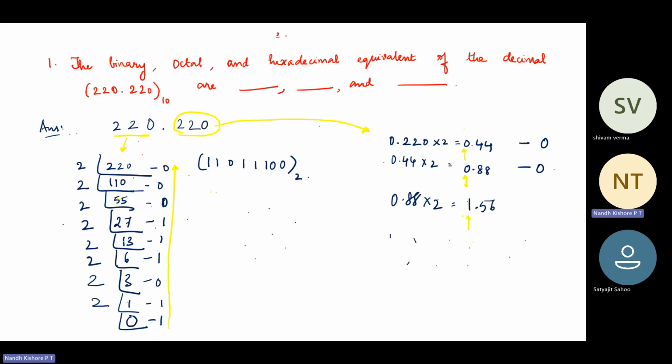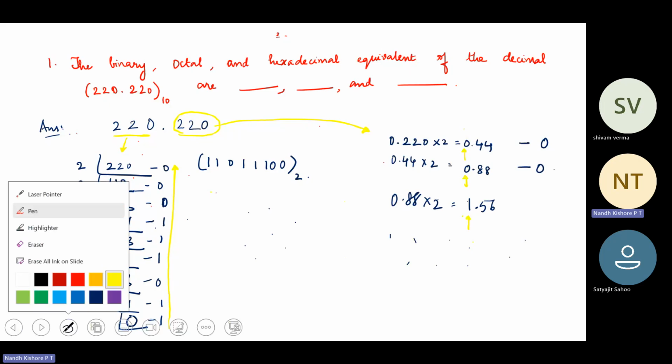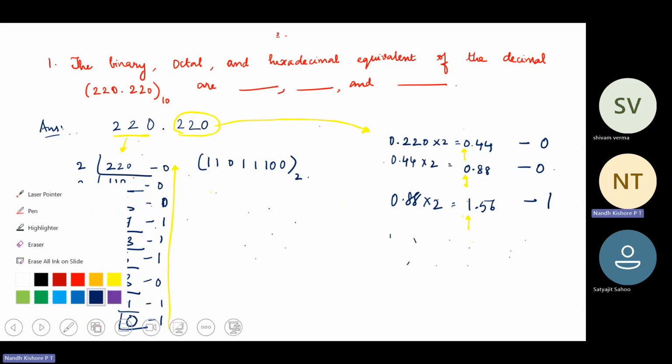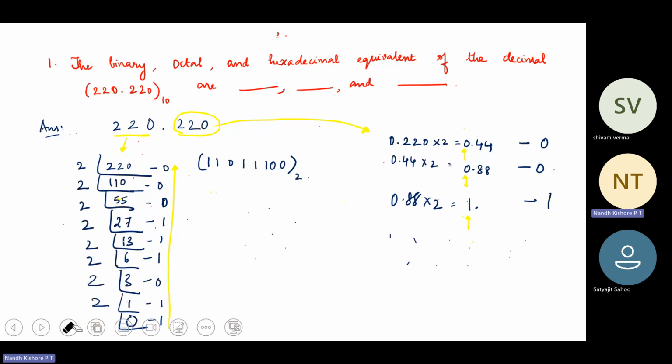What you have in the units place is a 1, so there is going to be a 1.